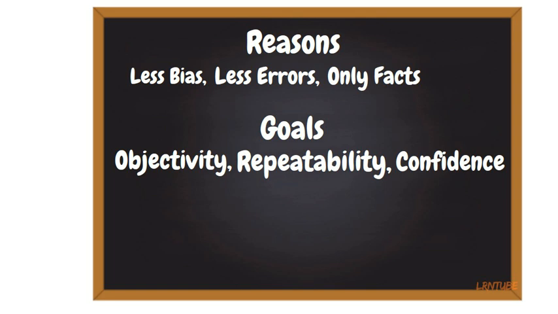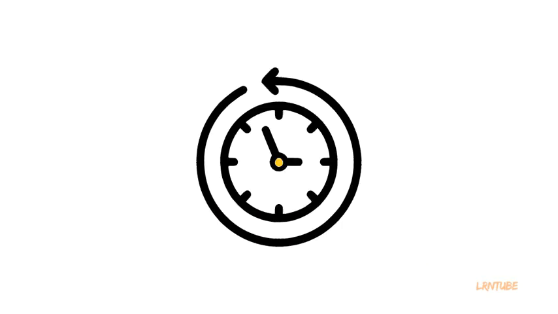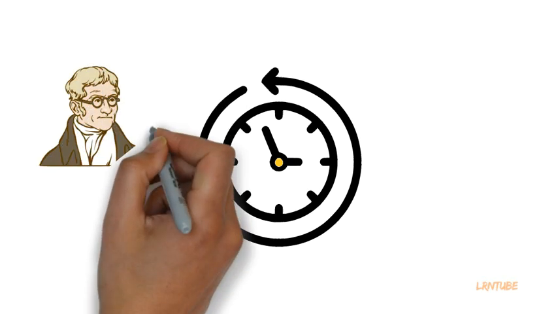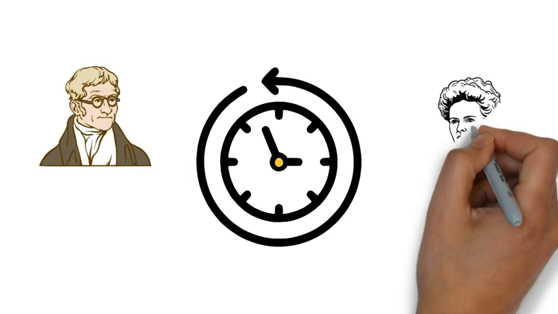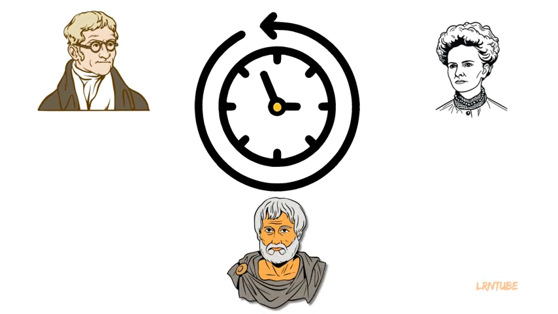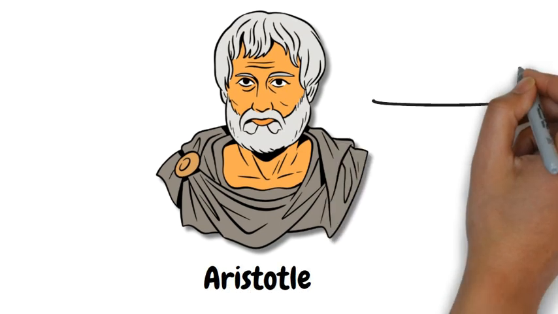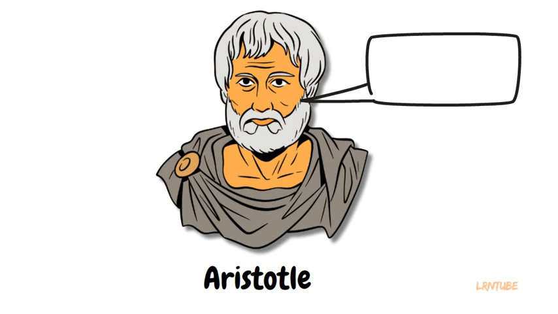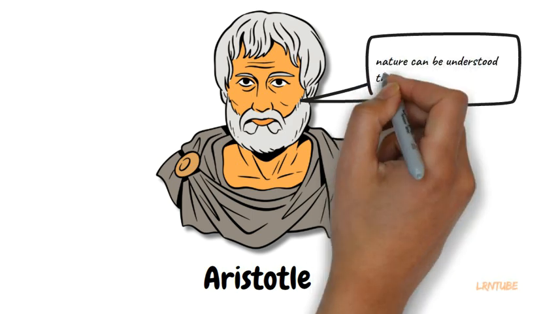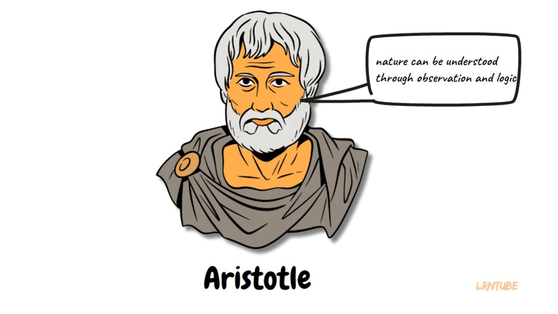Let's look at a little bit of history that concerns the scientific method. The scientific method has existed for thousands of years. That means that all the great scientists we know today use them to create all their laws and theories. In ancient Greece, the philosopher Aristotle believed that we could understand nature through observation and logic, but he didn't test his ideas with experiments like we do today.